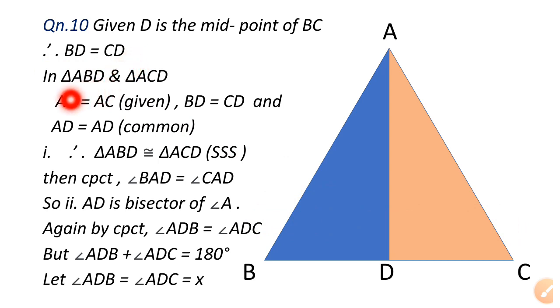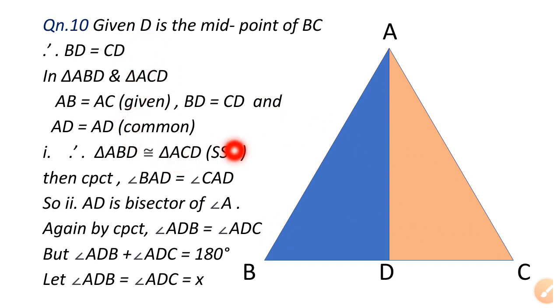Now the first thing we have to prove is that ABD is congruent to ACD. So I have taken triangle ABD and triangle ACD, and those two triangles are colored in different colors, so you can easily identify them. AB is equal to AC, given in the question as the given condition, and BD is equal to CD, which we found as D is the midpoint.